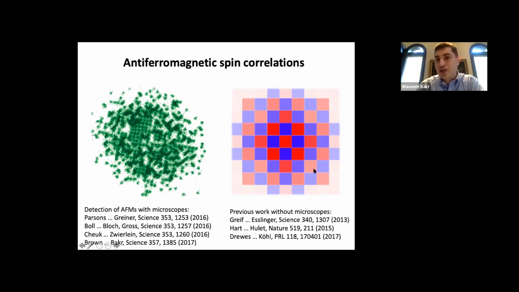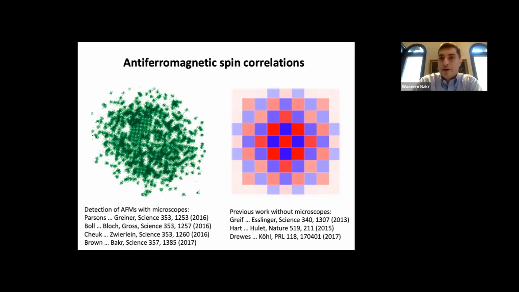So you can clearly extract from this kind of picture the correlation length. And by comparing to quantum Monte Carlo, you can now use the temperature as a free fit parameter and extract the temperature of this anti-ferromagnet. And then the prediction is what all the other spin correlations are. So this is basically our thermometer.